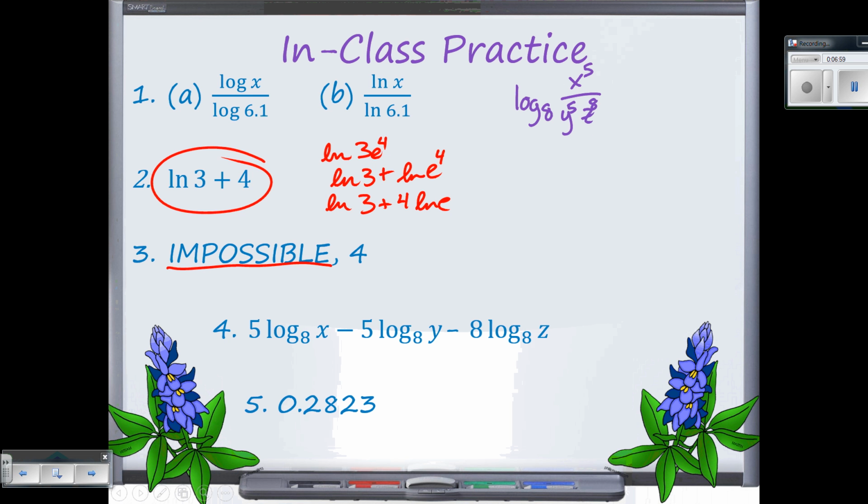Now the problem is, if I try to lay this out right now, most students, and this is wrong, so don't learn this, minus log base 8 of y to the 5th, but that's multiplied by the z, so I would add, sorry, that should be an addition.